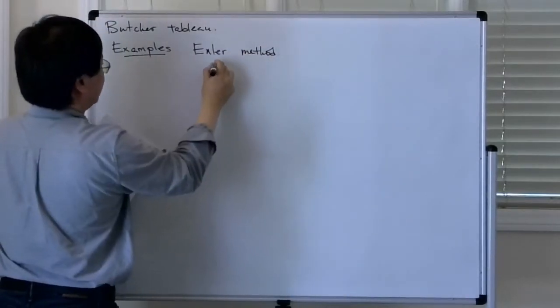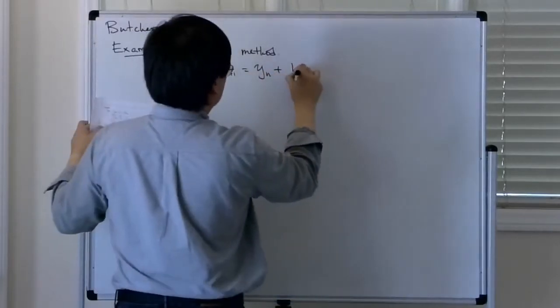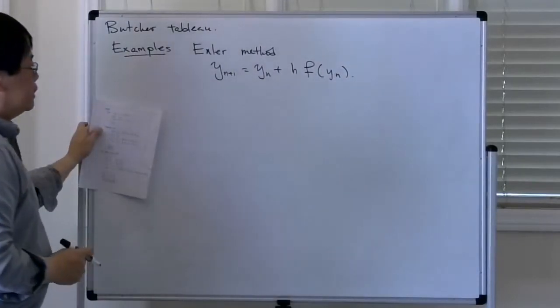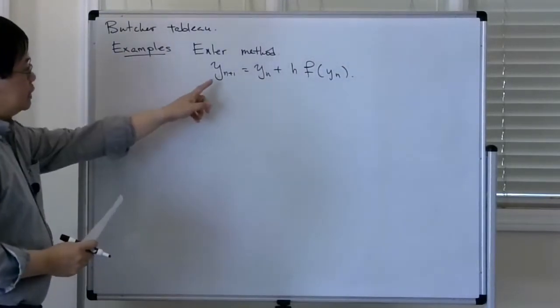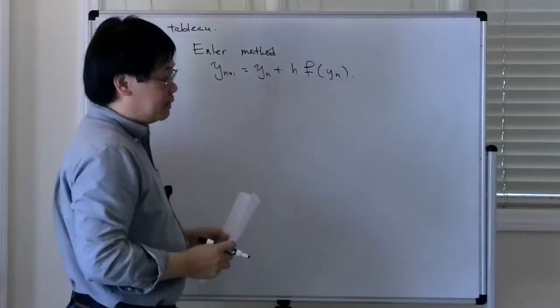Euler method just says yn plus 1 is equal to yn plus h f evaluated at yn. So you know that this is the equation which tells you what the update is.